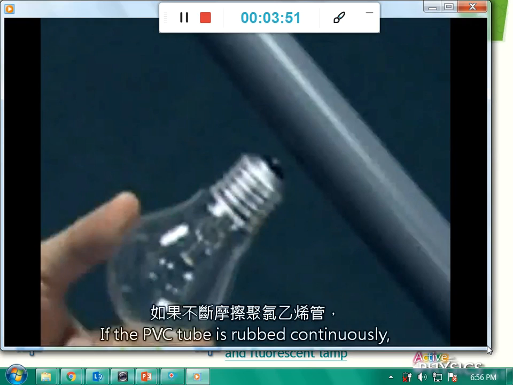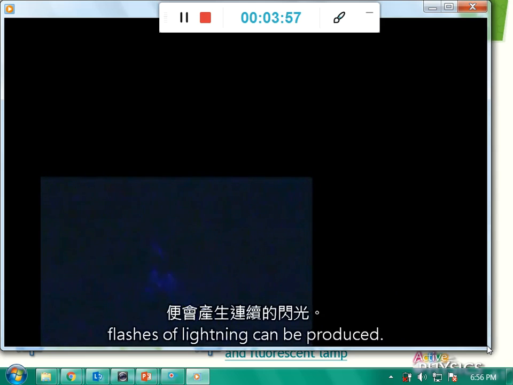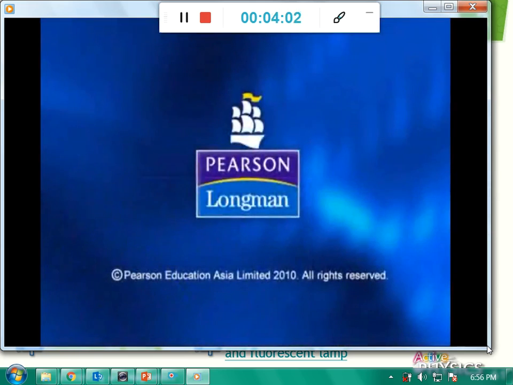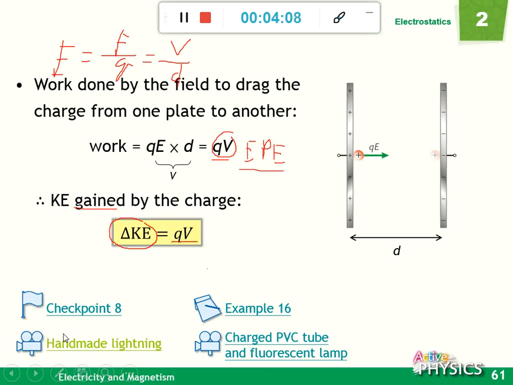If the PVC tube is rubbed continuously, flashes of lightning can be produced. Handmade lighting means that when we have friction between two different materials, they will produce charge, and this charge has energy large enough to light up the light bulb. So you can see the light from the light bulb.